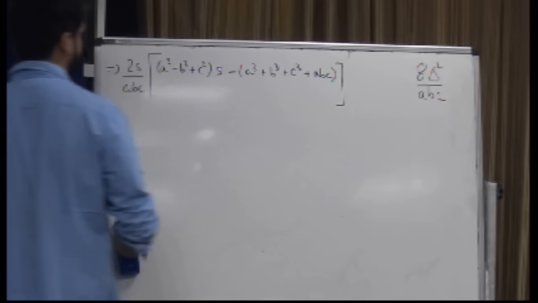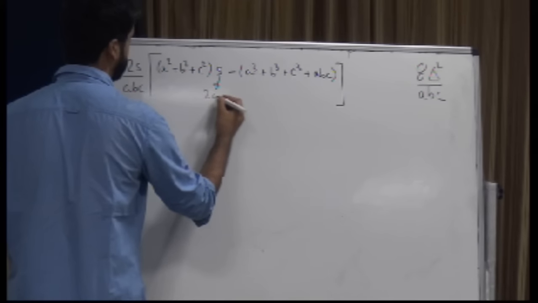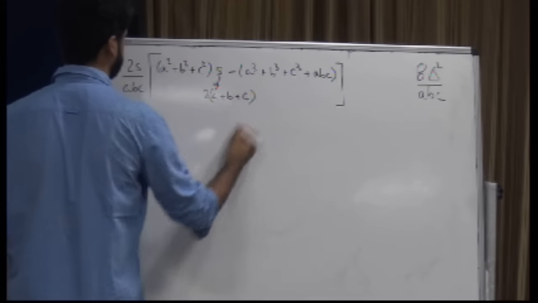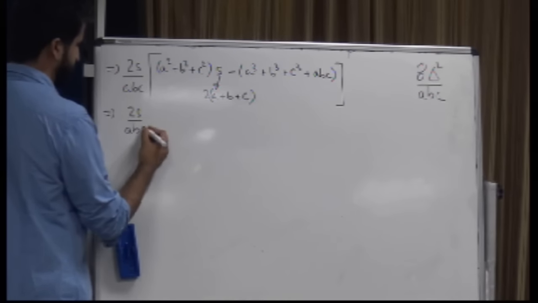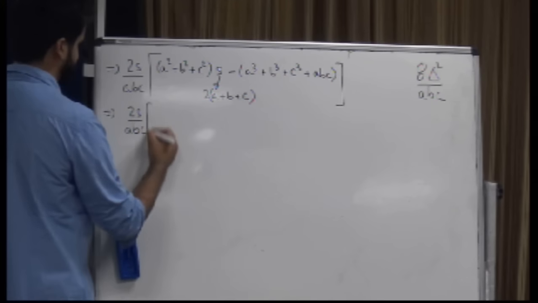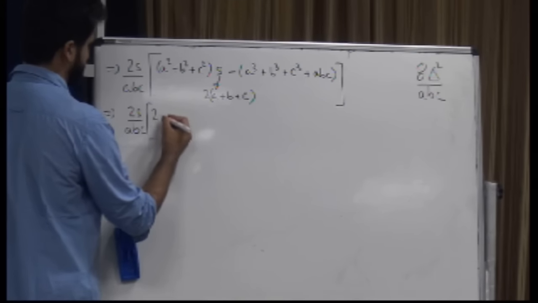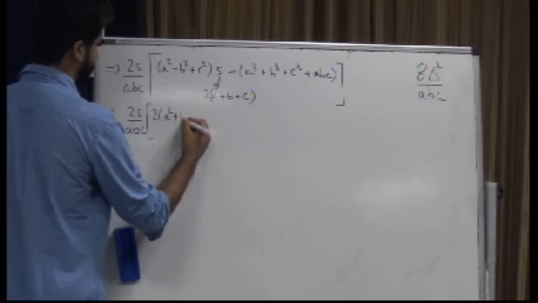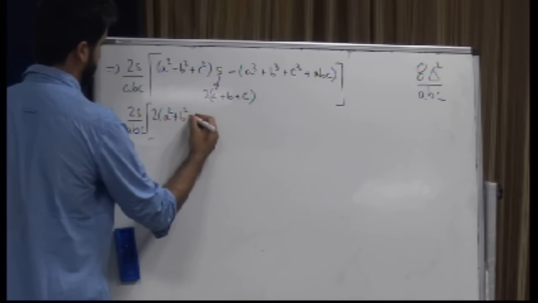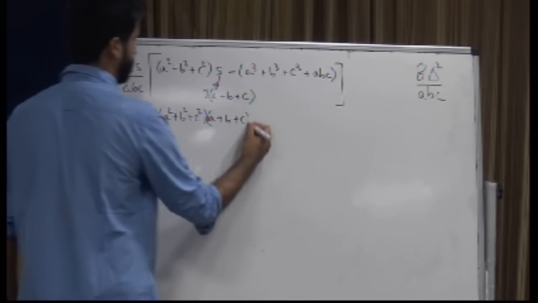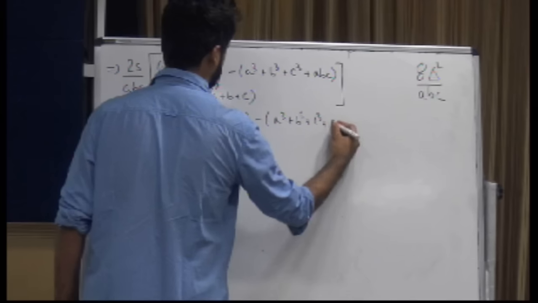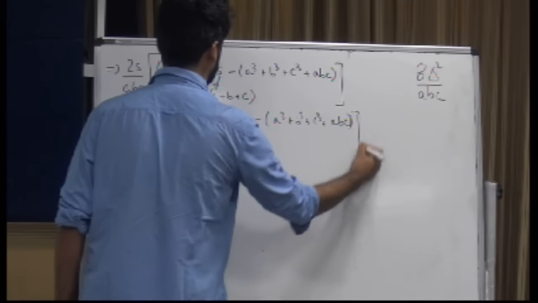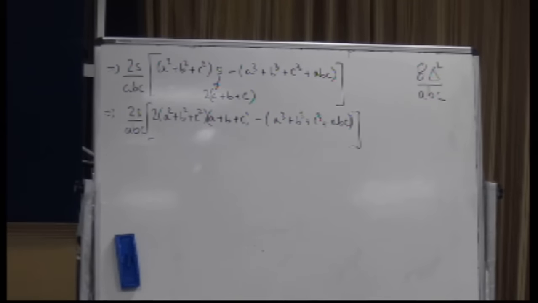So if I write this as 2A plus B plus C, so this is 2S upon ABC, I will get 9 terms from here.